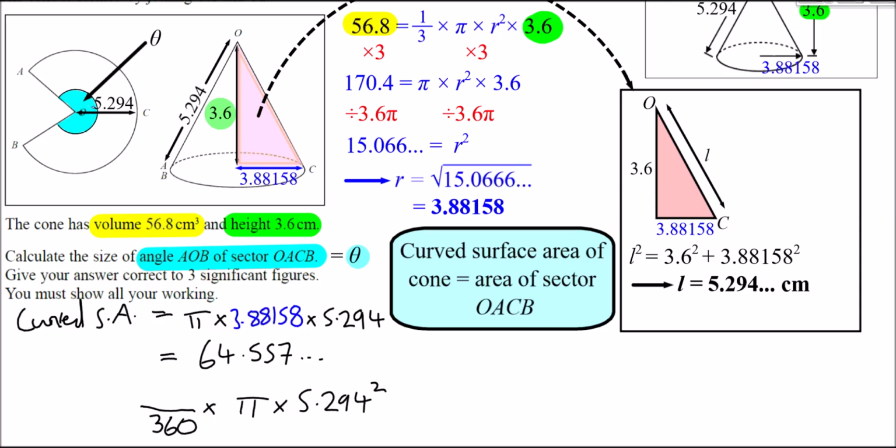Out of a full 360, we only have theta degrees. So the fraction of the circle is theta over 360, this angle out of 360 times pi times 5.294 squared. And that is going to be the area of sector OACB. And like we're saying here, that's the same as the curved surface area of our cone, which we worked out was 64.557.